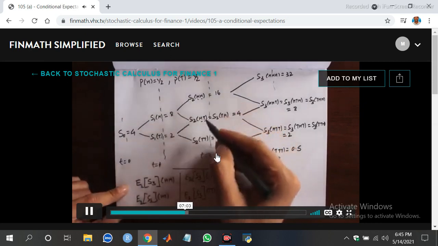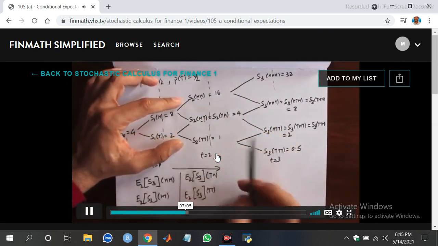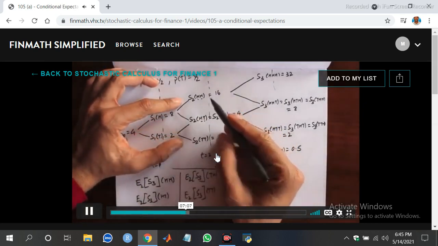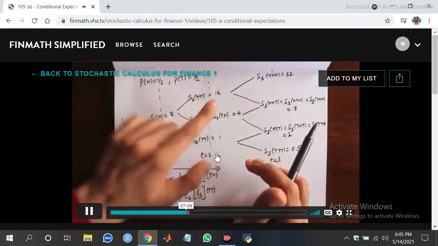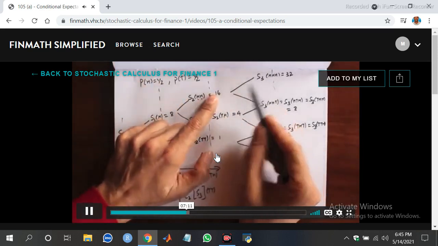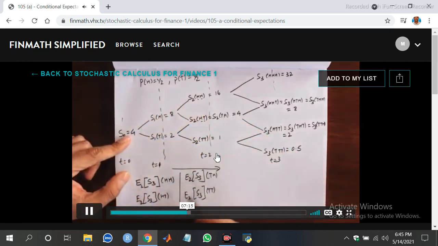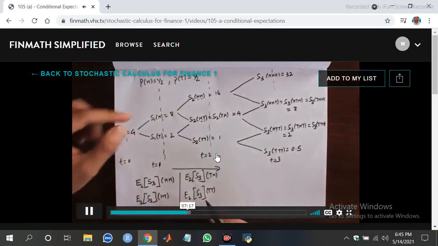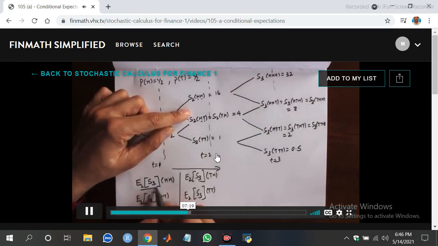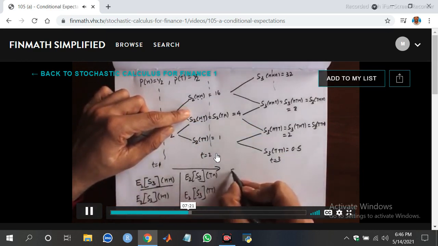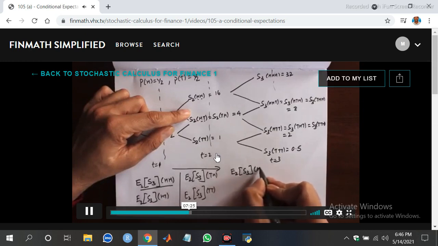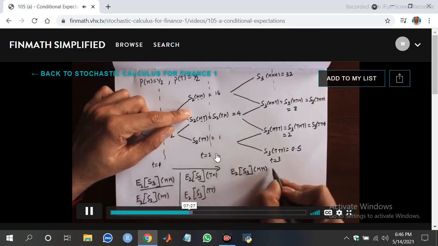Okay, so these were the 4 possible outcomes when we toss the coin 2 times, and we need to actually get the expected value of S3 at all of these 4 points. Okay, so that's how we've denoted this. Now let's take the example where we want to calculate the expected value of S3 when the first 2 coin tosses were heads.